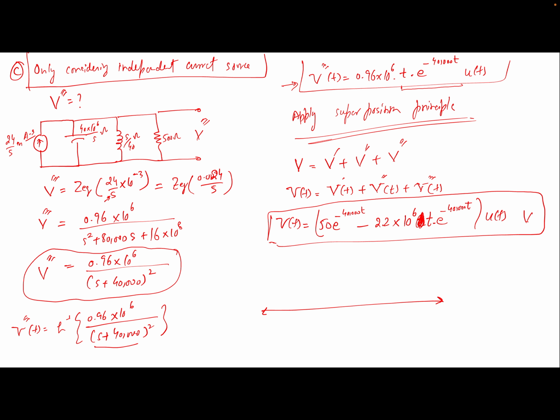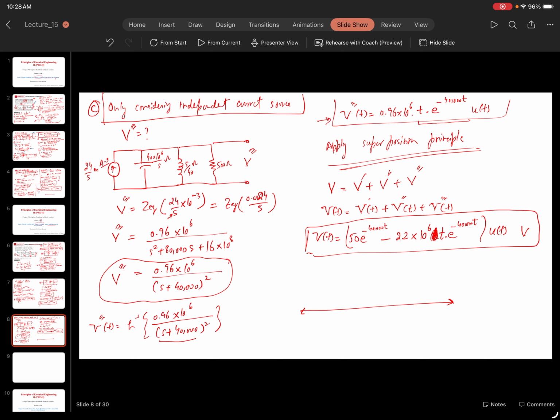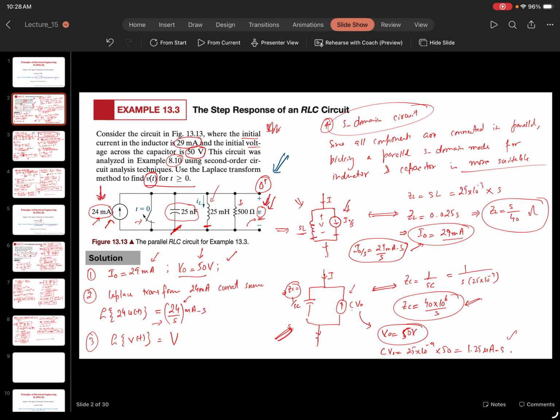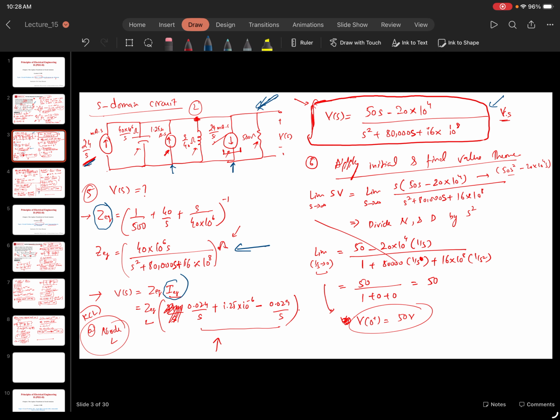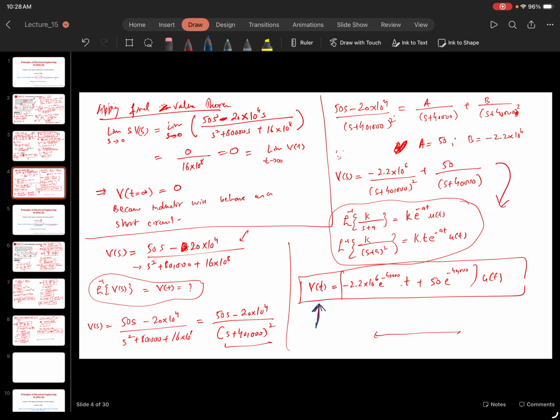Okay, sounds good. So the whole thing that we did over here is we solved the previous circuit problem that we did in lecture number 13D, where we had a time domain circuit, and we did the whole analysis, converted that into S domain, and then found the value of V of s and inverse transformed it into V of t. This is exactly the same expression that we got now, right?